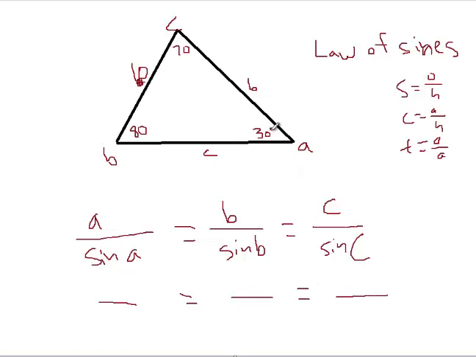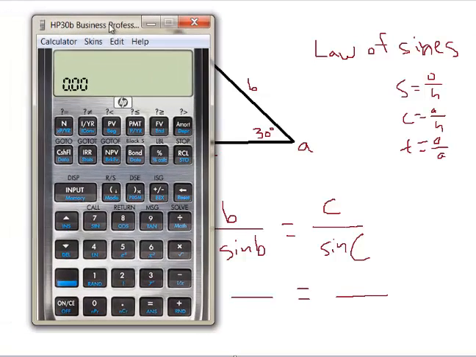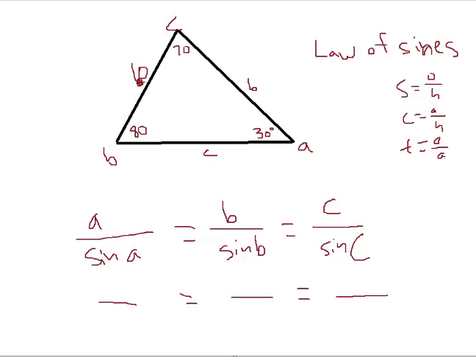Well, the sine of A, let's get the sine of 30 degrees. Now, let's get our calculator here. Let's do 30 degrees and do the sine, which I know is 0.5, but just to make sure. So the sine is 0.5, so I'm going to write 0.5 on the bottom. Now, let's put the side opposite that, which is 10, so we can put that over here. And let's keep filling it out.